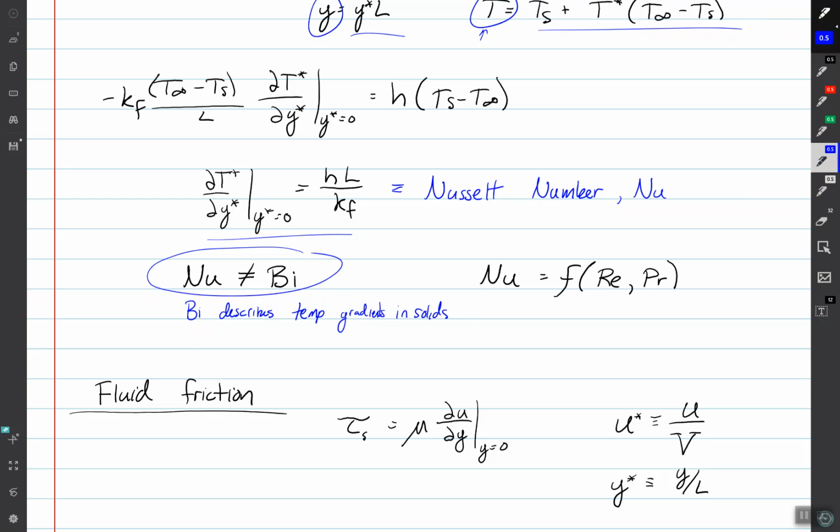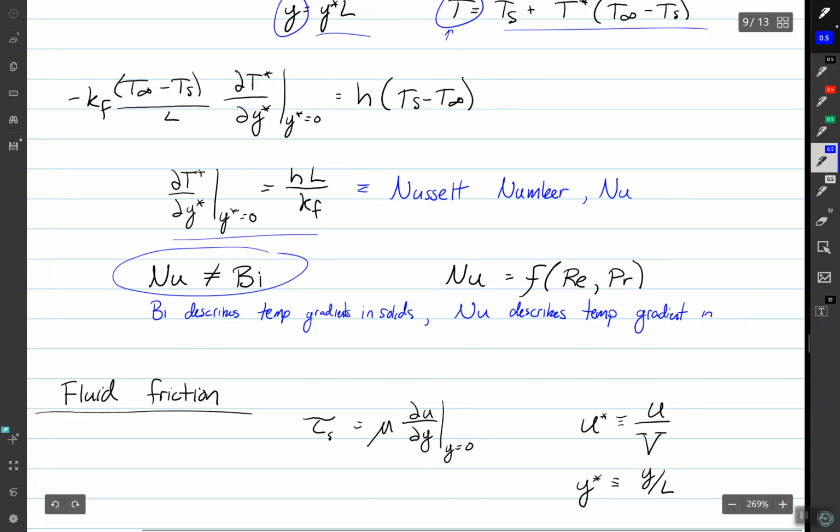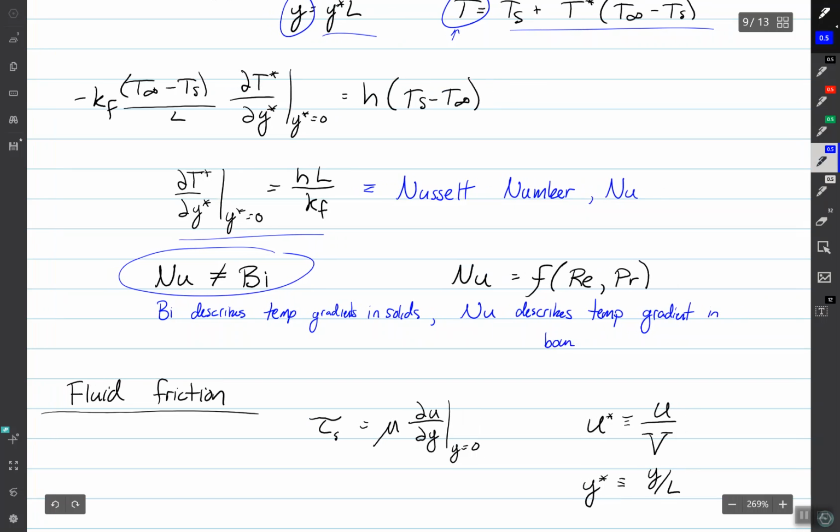That's where they differ. So the Nusselt number describes the temperature gradient in the boundary layer, or in our fluid.